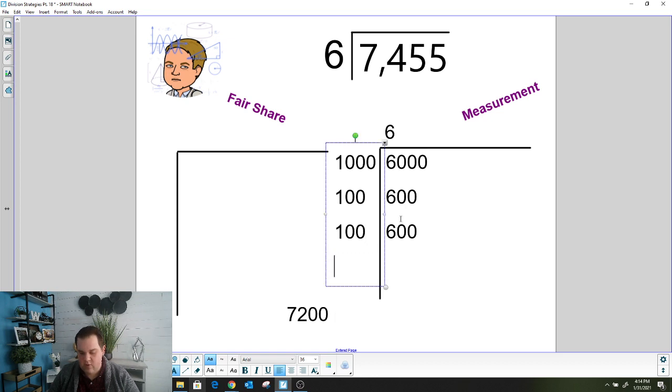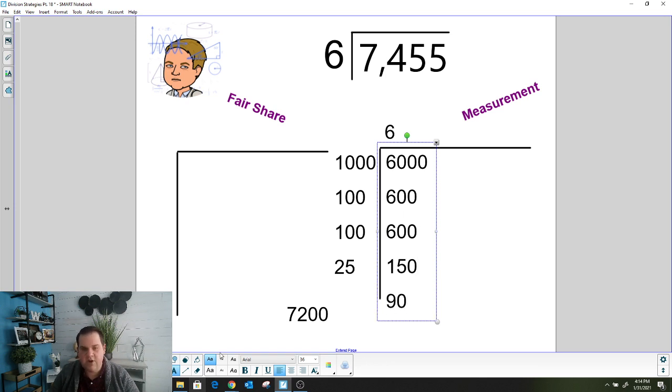So next, I'm going to take away 25 groups. That will be 150. And then I'm going to take away 15 groups, which will get me to 90. Now in my array, I have 7,440.